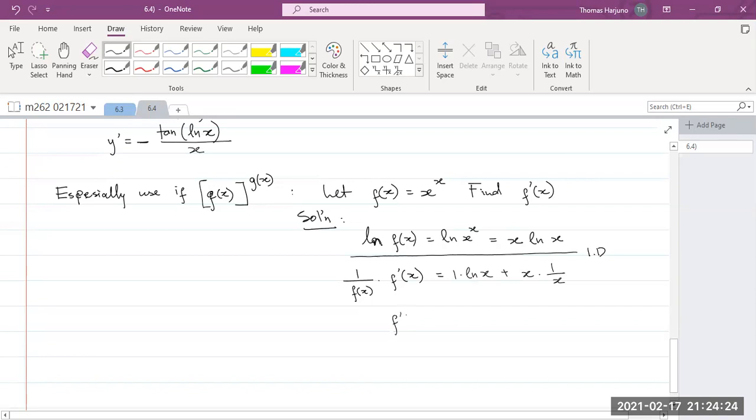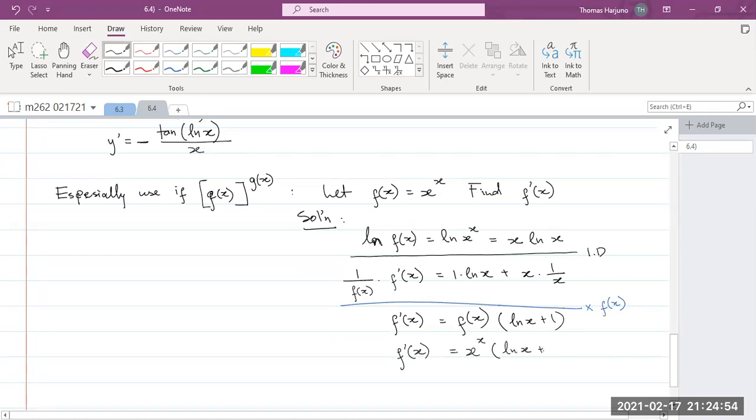So f prime of x equals f(x), I multiply both sides by f(x), times natural log of x plus 1. In other words, the derivative of x to the x is x to the x times natural log of x plus 1.